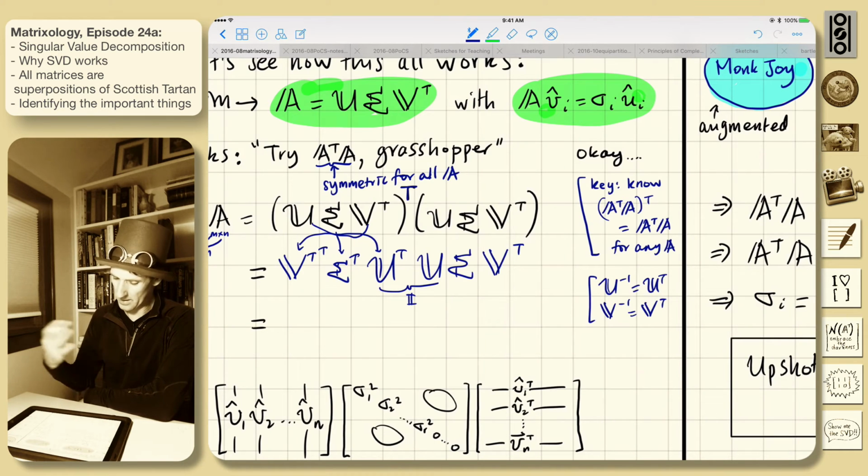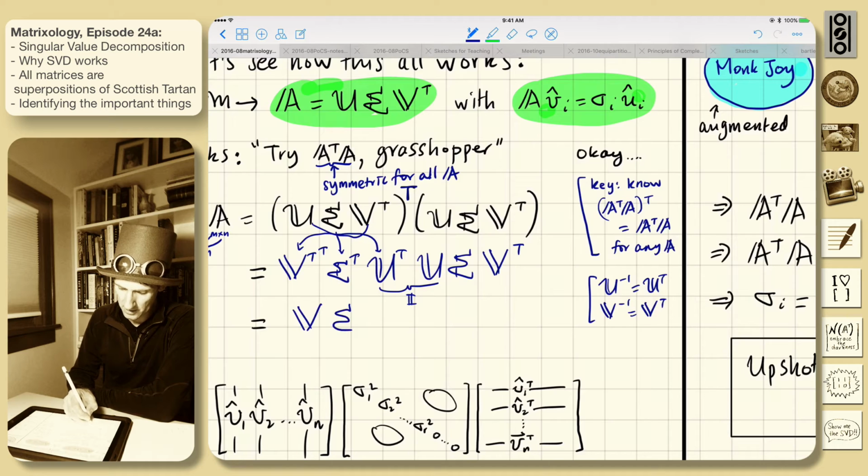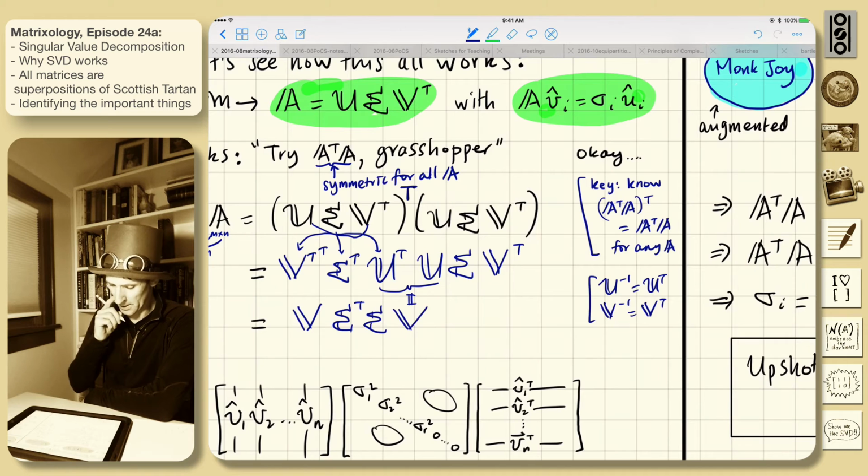All right, so that identity just gets slotted together. This is V transpose transpose, which is just V. So now we've got V sigma transpose and then sigma. So these are these two diagonal matrices and then a V transpose here.